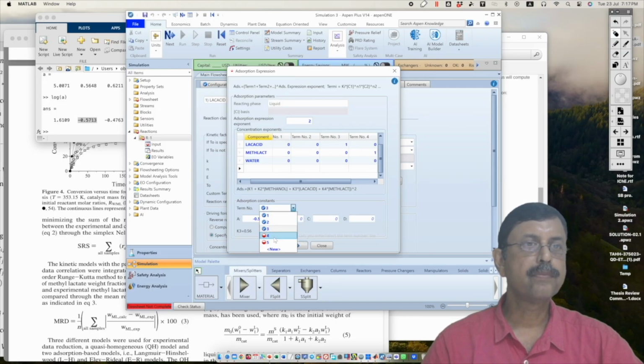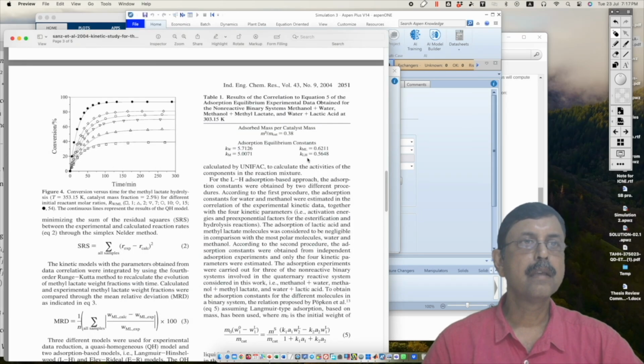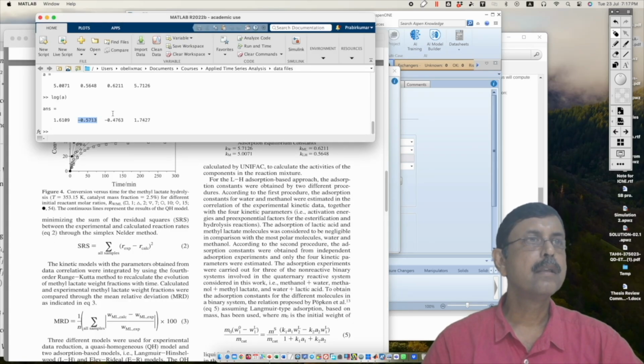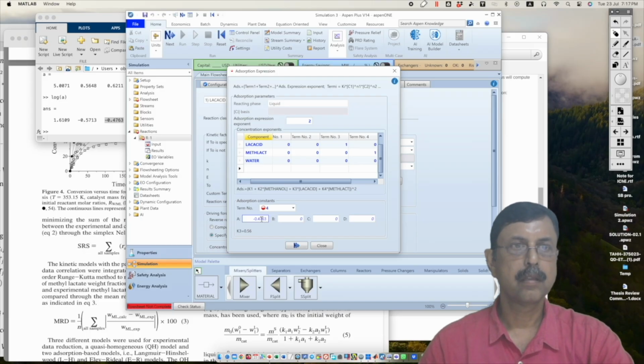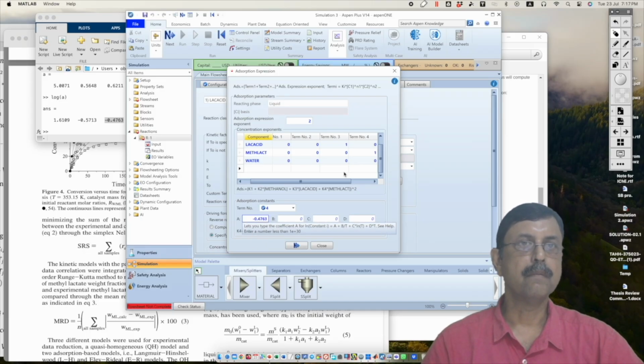So for term number 4, methyl lactate, it is 0.6211. We will choose this one.